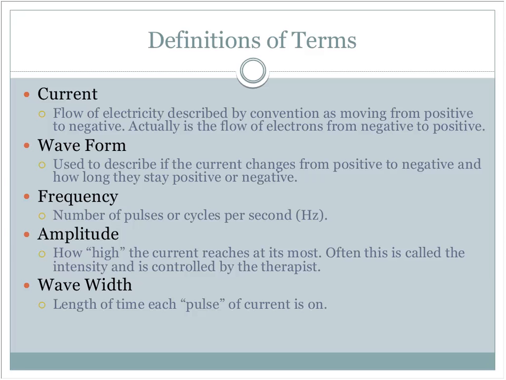Another term, waveform. Waveform is kind of what it sounds like. We're describing the shape of the wave of the electrical current. And when we talk about electrical current and waves, what we're describing there is a change possibly from positive to negative. If you do think about a wave in an ocean, very similar.